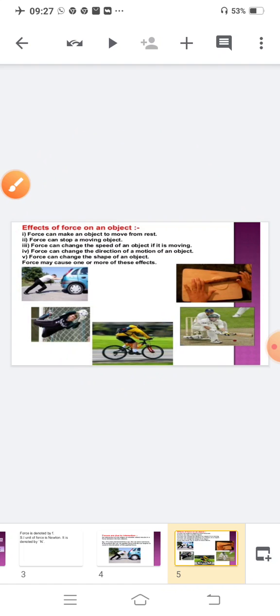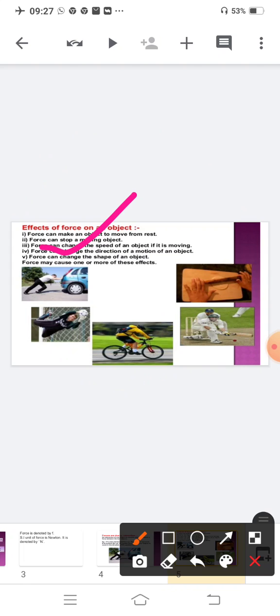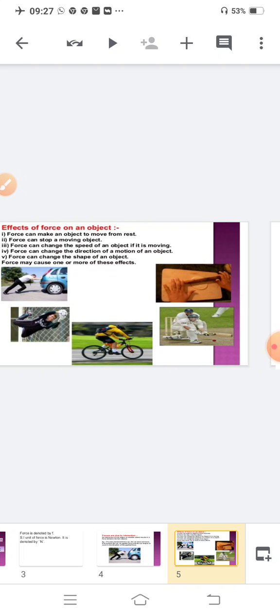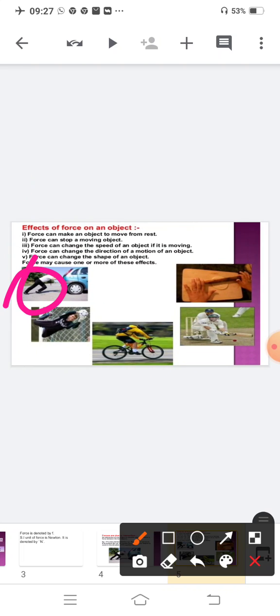So, the first one is force can make an object move from rest. See in this picture, initially this car is at rest. But when this man applies force, basically he is pushing the car, so what changes occur?